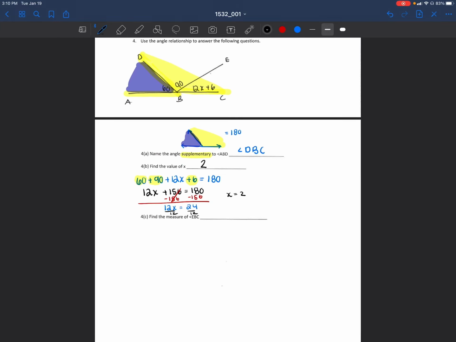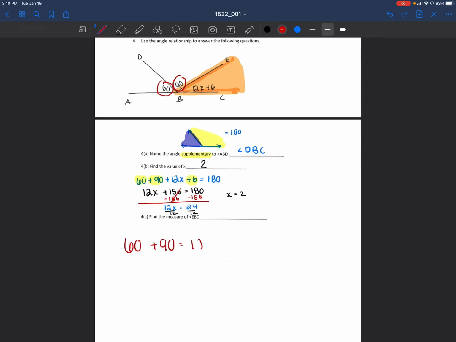And the last one, it says find the measure of angle EBC. So if we go back to our picture, we're looking for angle EBC. Hey, look, this is a shortcut. You already have 60. You already have 90.